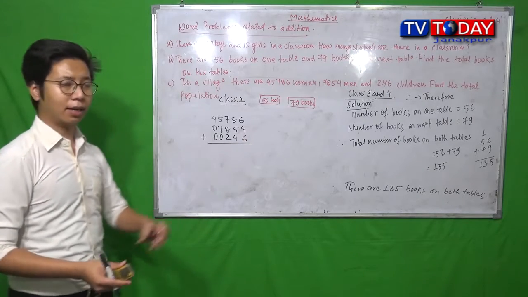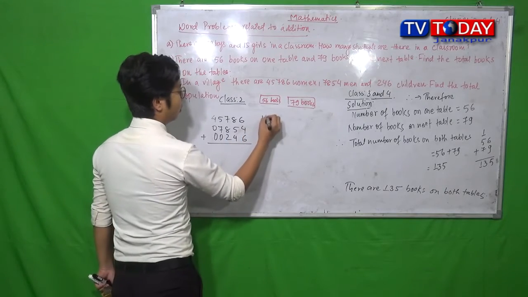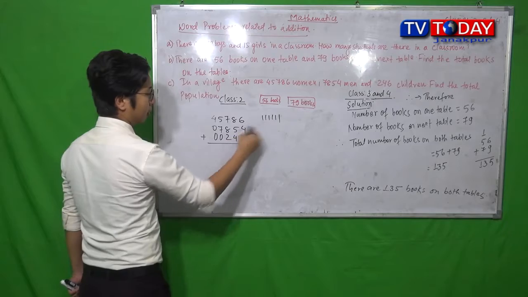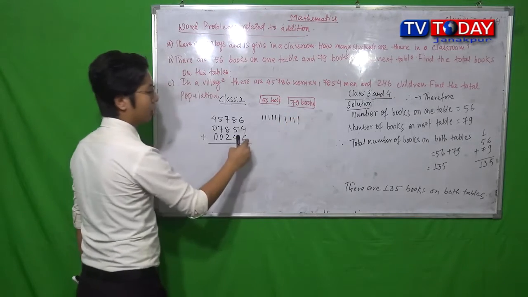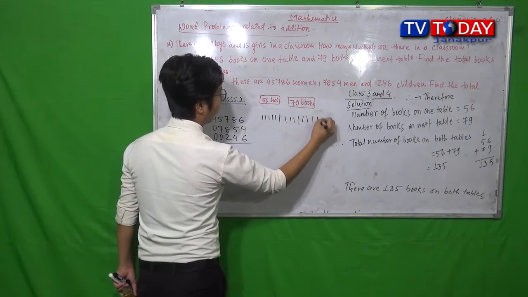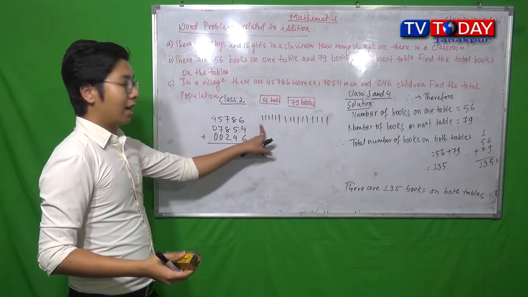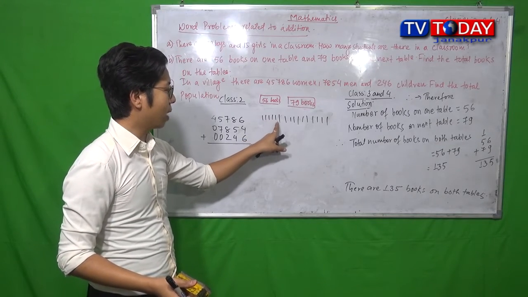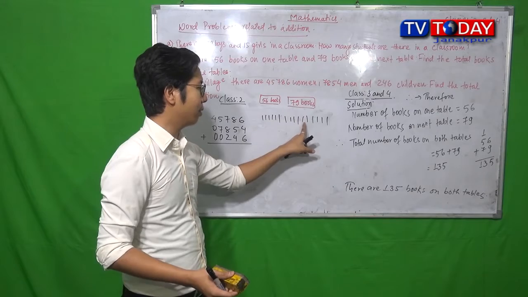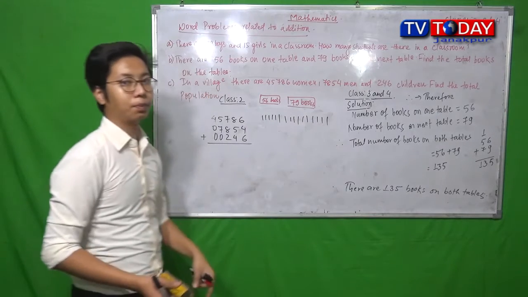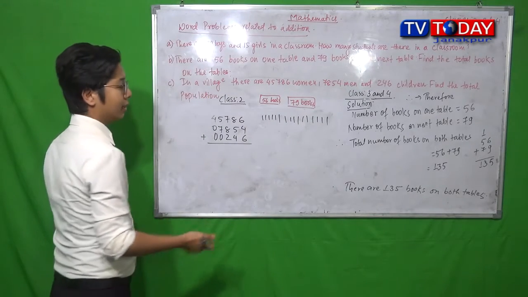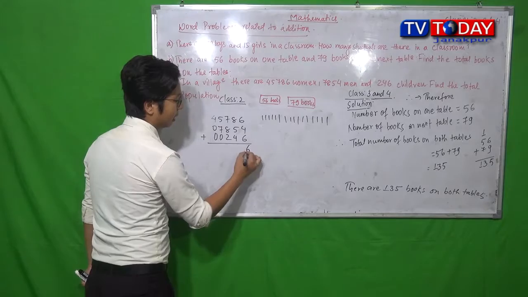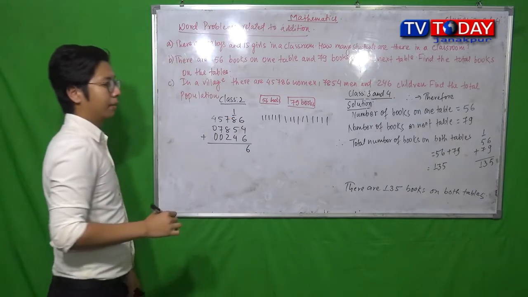Add these three numbers. Count and write the total number of sticks. 1, 2, 3, 4, 5, 6, 7, 8, 9, 10, 11, 12, 13, 14, 15, 16. 16 sticks. So what will you give here? 6 and carry over 1.